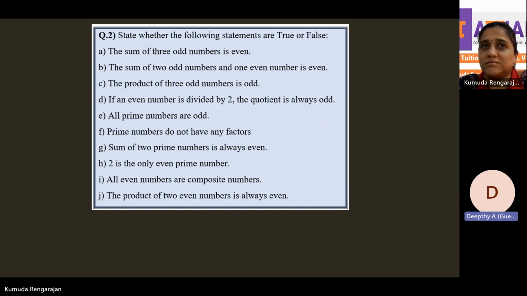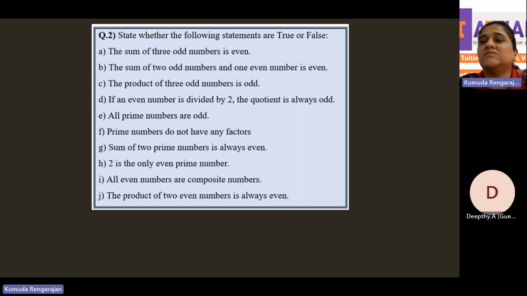Prime numbers are numbers which have only the factor 1 and themselves. How many factors will a prime number have? Exactly 2. Every prime number will have only 2 factors, 1 and the number itself.